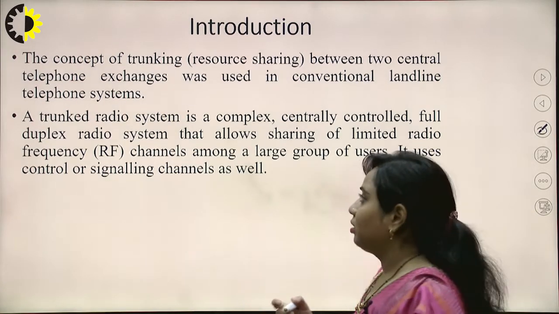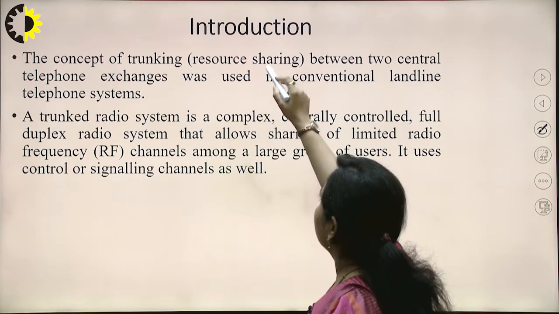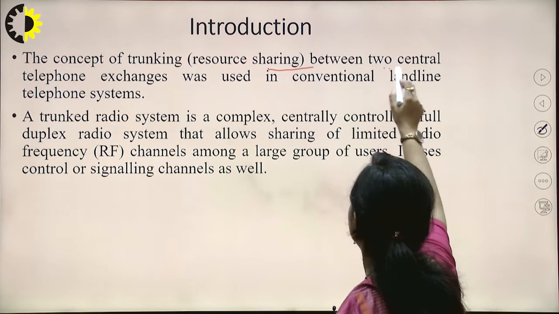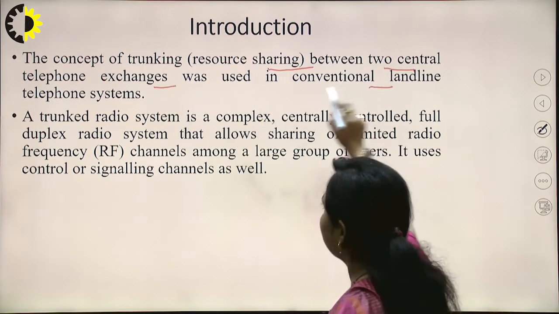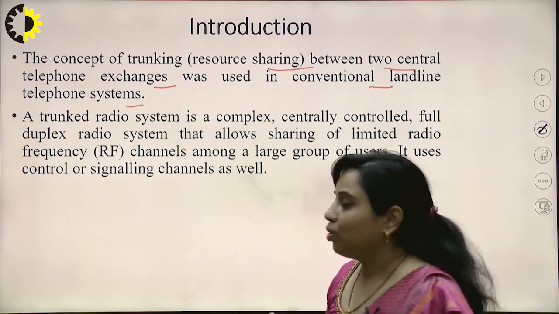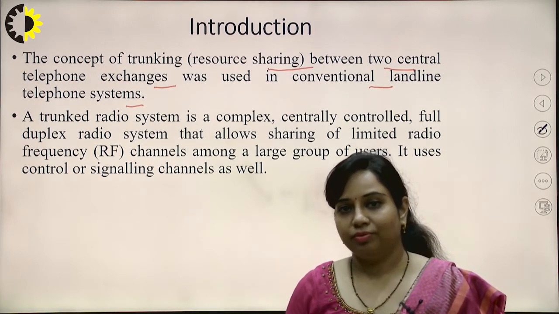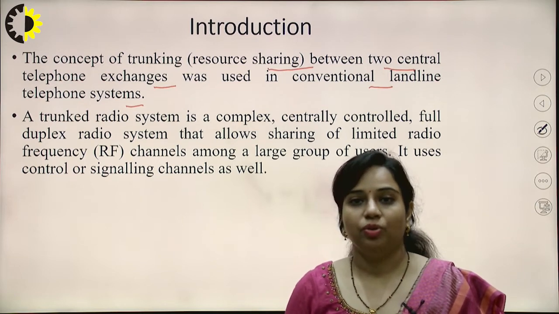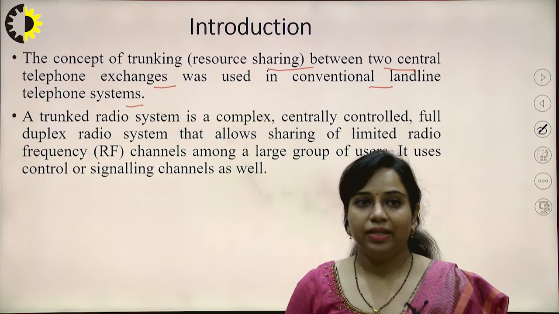We'll start with the introduction. The concept of trunking, or resource sharing between two central telephone exchanges, was used in the conventional landline telephone system. Before mobile communication, which is a radio wireless communication technique, we were using the landline telephone system.